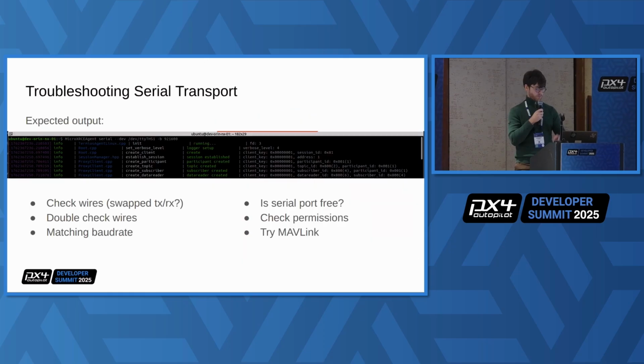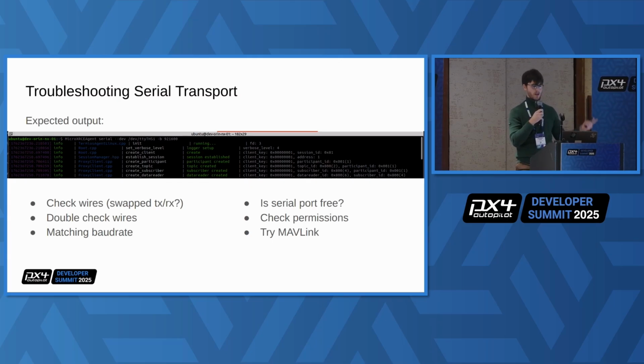Okay, one very quick way to check if the connection was established is just to look at the log of the agent. It will show the participant connection and then list all the publishers and subscribers in a pretty confusing way. So if no message appears or errors appear, then the first thing to do is check your wires, because TX and RX are always swapped.